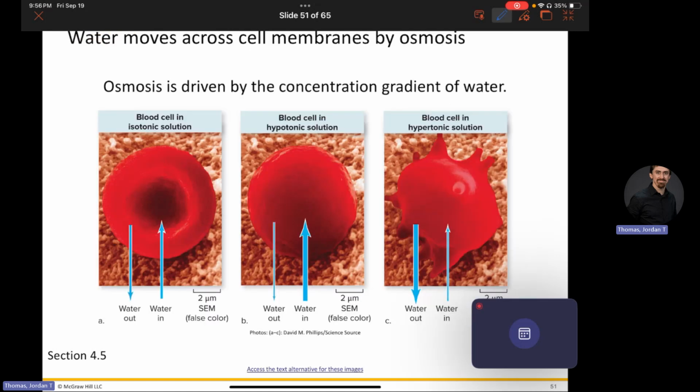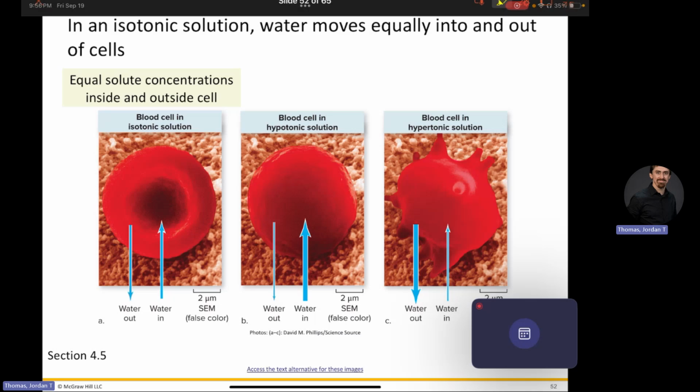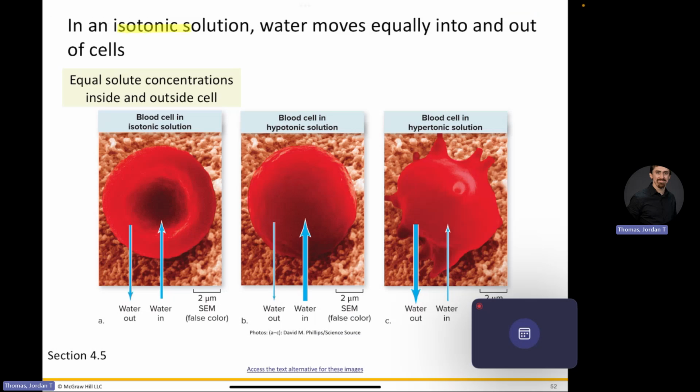Water moves across the cell membrane by osmosis, driven by the concentration gradient of water. And we're going to get three different types of osmosis. The first one is when the cell is in an isotonic solution. In all of these, we look at the cell and its surrounding solution, and compare the concentration of solute in the solution to what's in the cell.